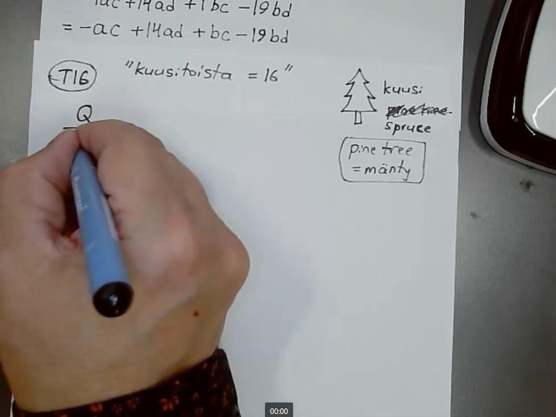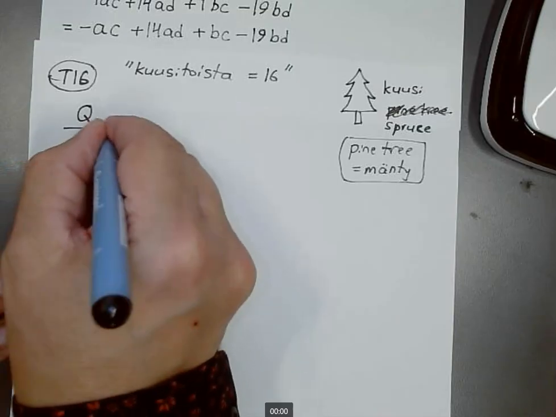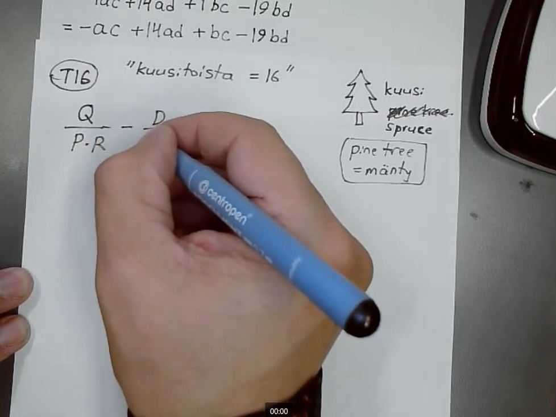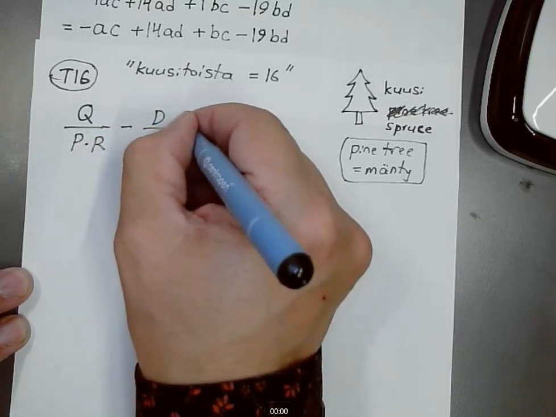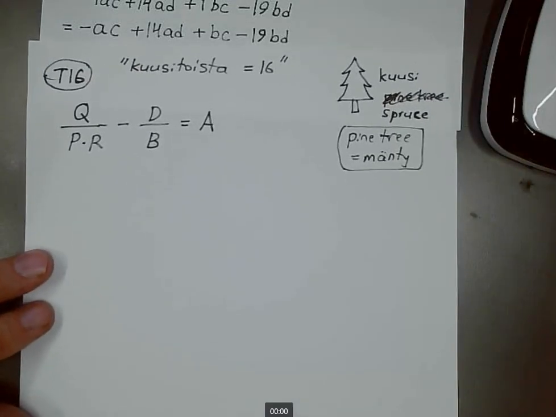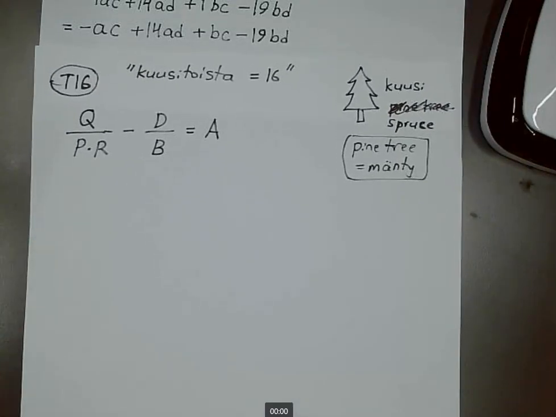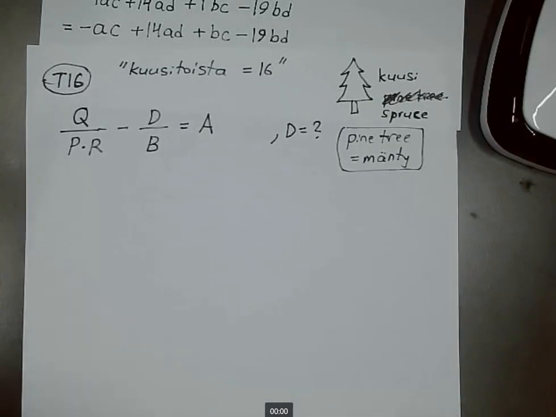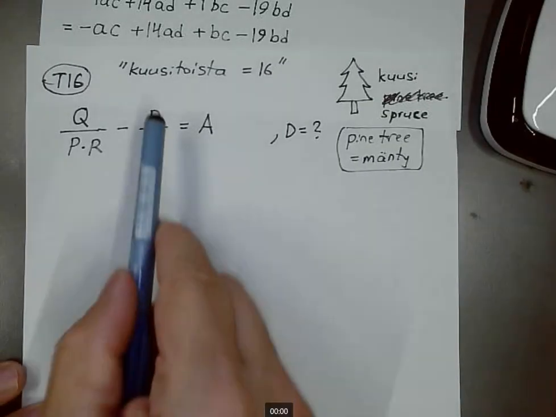Q divided by P times R minus D divided by B equals A. And then we have a question where we should solve variable D. D is the unknown. Letter D, so it is here.